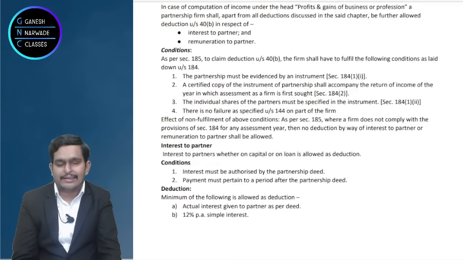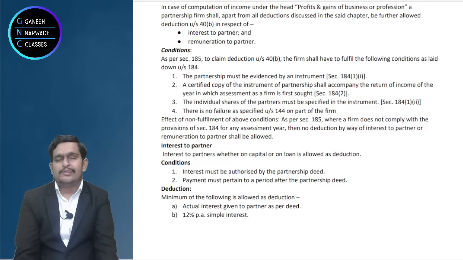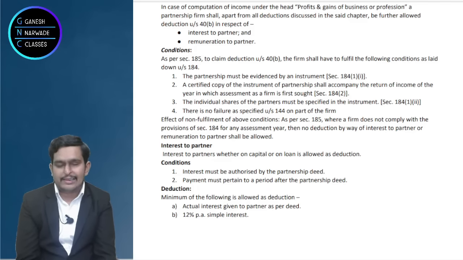They simply said that either the actual interest paid as per the deed, and second one 12%, whichever is lower, that much you can claim as deduction. Okay. Now sir, you said that actual interest paid as per the deed or 12% per annum, whichever is lower, we can claim as deduction.